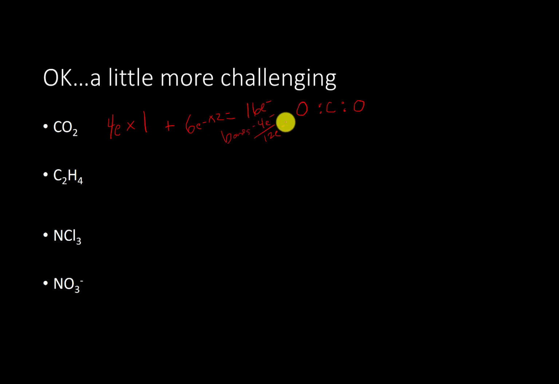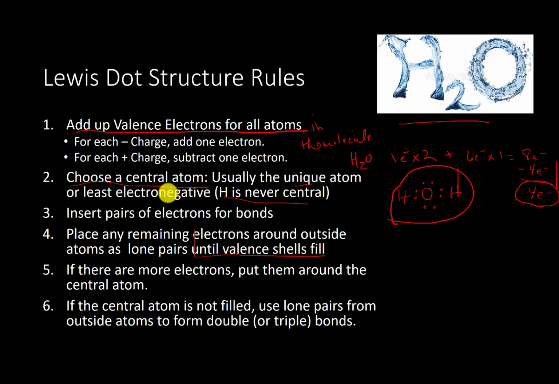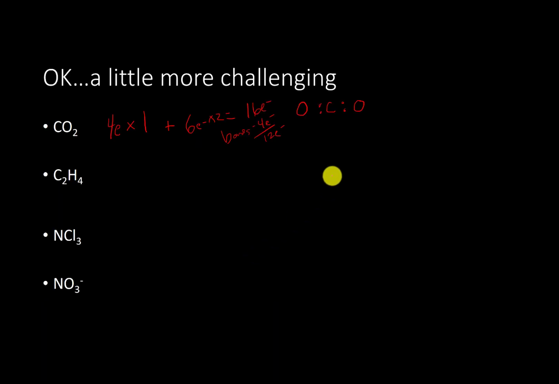We used up 4 through bonds, and with the 12 electrons, the next rule is to place any remaining electrons around the outside atoms as lone pairs until the valence shells fill. So let's do lone pairs out here. This can hold 1, 2, 3, 4, 5, 6 more. Now that oxygen has 8 electrons around it, it is following the octet rule.